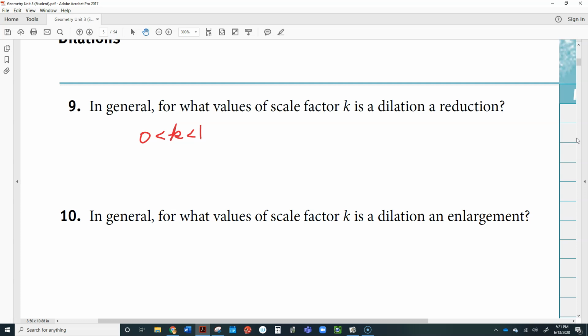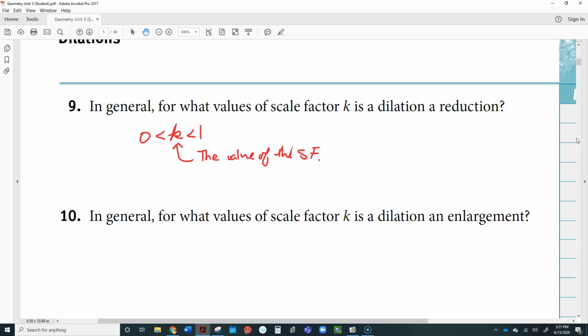And basically what they're saying here is, let's translate this to a sentence. This says, the value of the scale factor, and again, I'm not writing it all out because I'm going to run out of time.